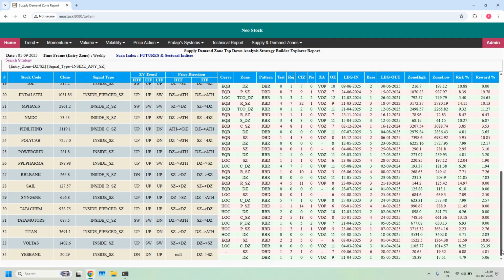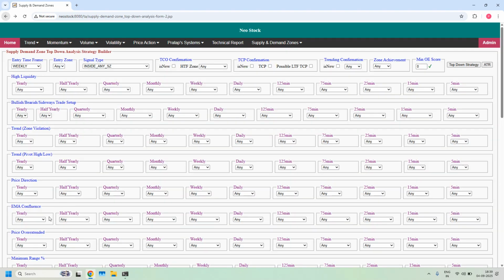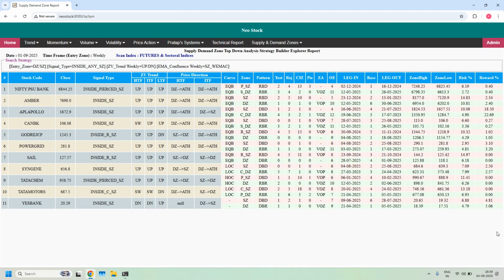We can further filter based on the weekly supply zone having weekly EMA confluence, and the trend on the weekly should not be sideways. So we got 11 stocks. Next time frame daily was already generated in the beginning of the report.